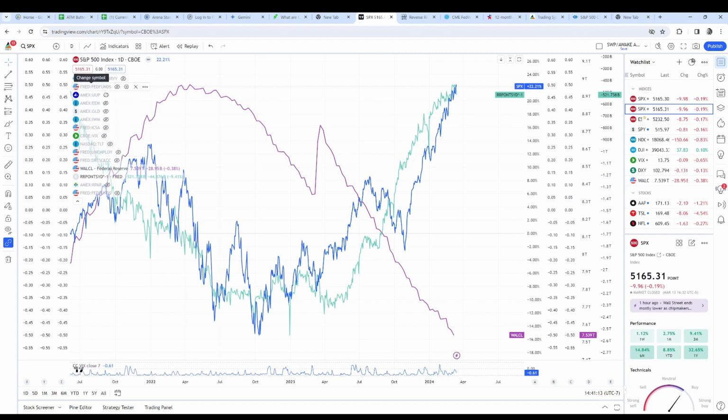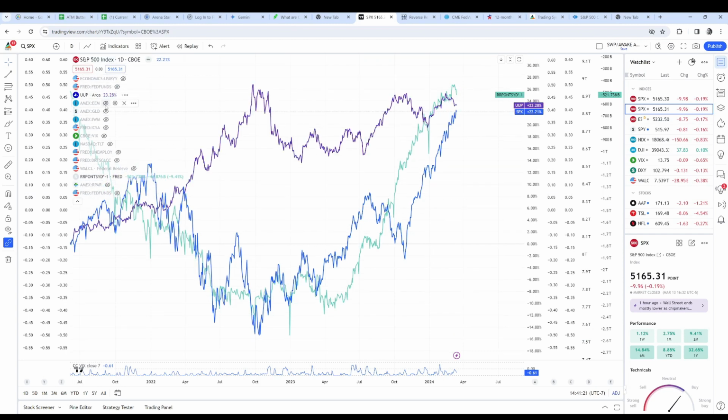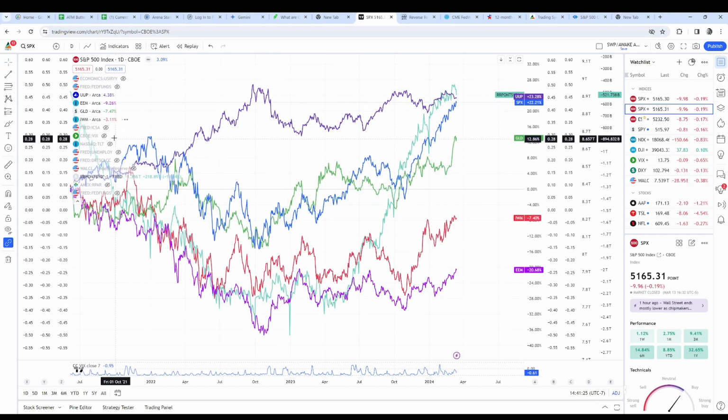So as far as our assets go, let me put them all up here. We've got the S&P 500, the dollar, emerging markets, gold, IWM, and TLT. 1, 2, 3, 4, 5.